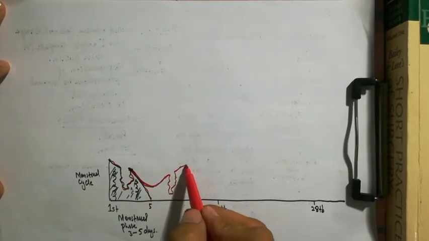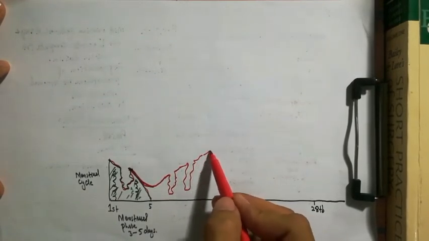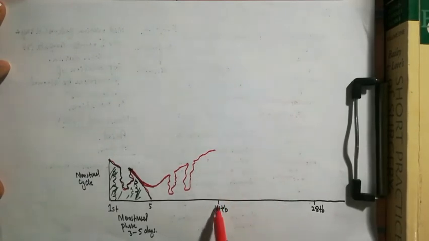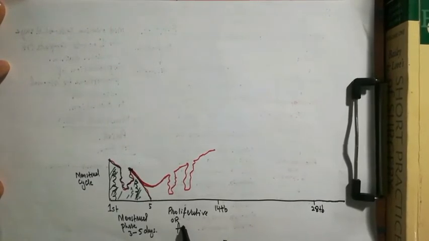This is endometrial tissue in this way. At 14th day, proliferative or follicular phase is ended.